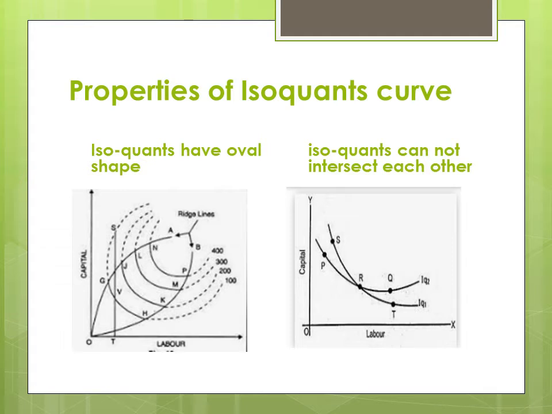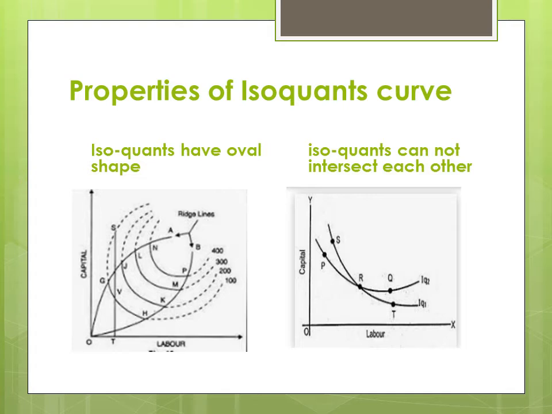So the marginal productivity of labor is falling here, and the marginal productivity of capital is increasing here. This is also called the slope of the isoquant, where the marginal rate of technical substitution is falling or diminishing. That is the slope of the isoquant, which is negative.